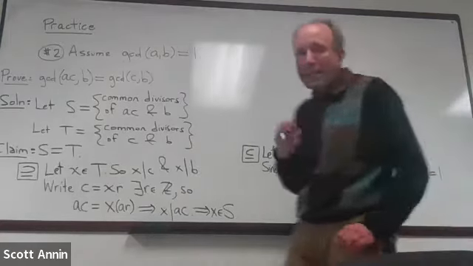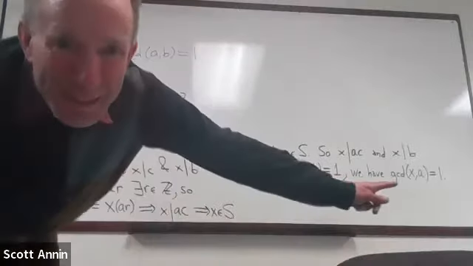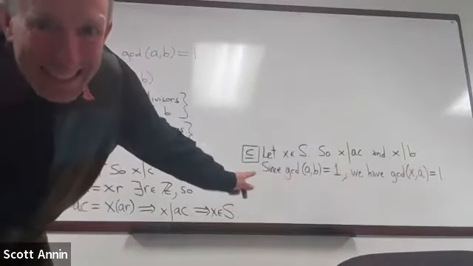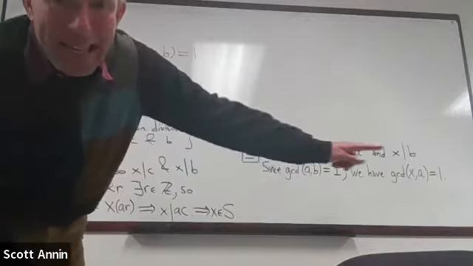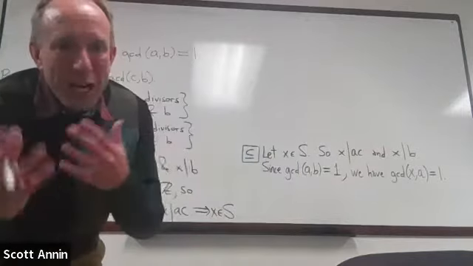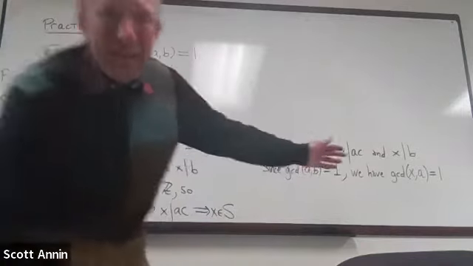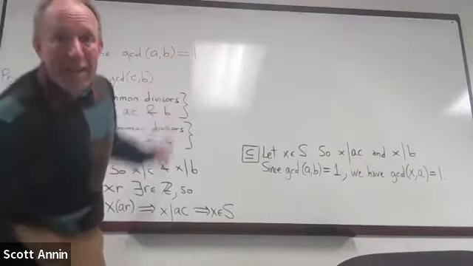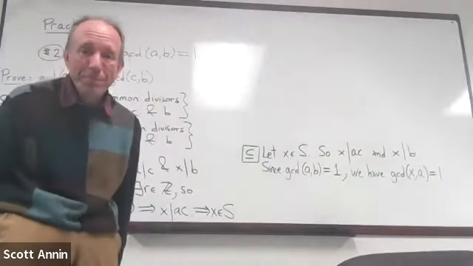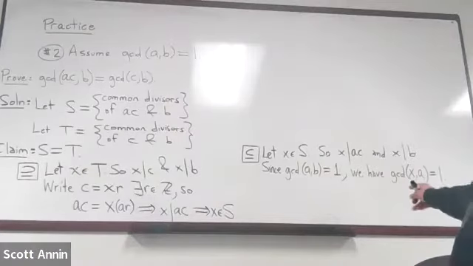See, if X has any common factors with A, then X could not have any common factors with B, because if there are common factors of X with both B and with A, then the GCD of A and B would not be 1. So we have to have the greatest common divisor of X with A is 1.